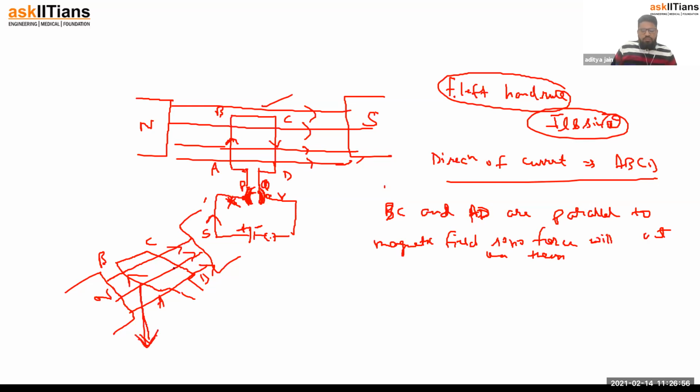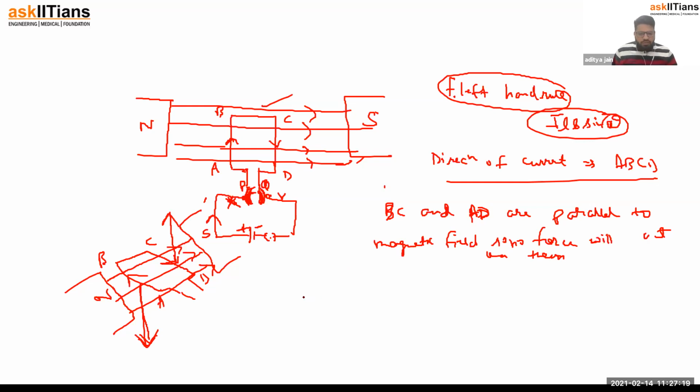Clear? Now if you consider arm CD, what will happen? The direction of current will be like this from C to D. If I align my middle finger in the direction of current, and forefinger as the magnetic field, the thumb is pointing upward. So the magnetic force will be upward on the arm CD.